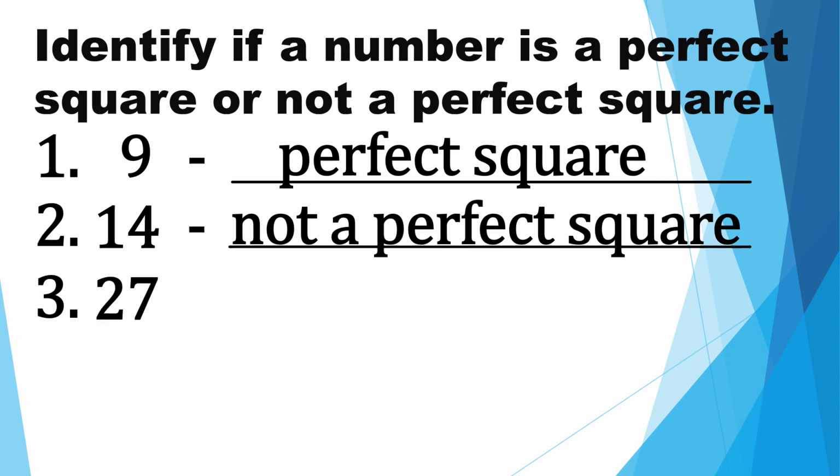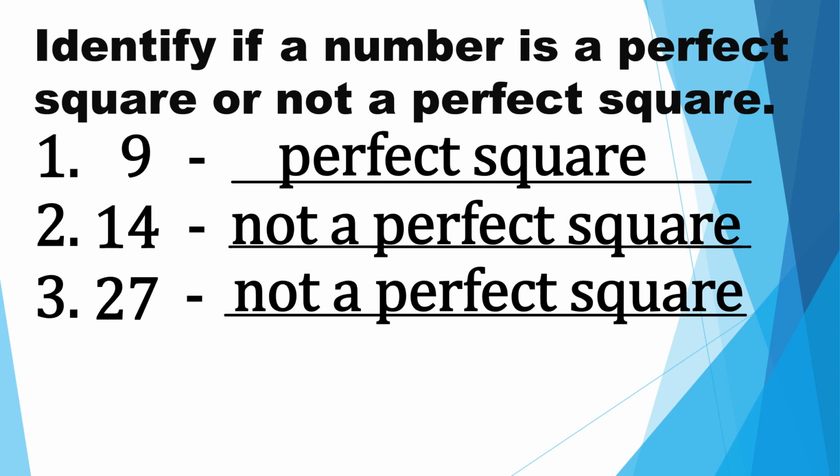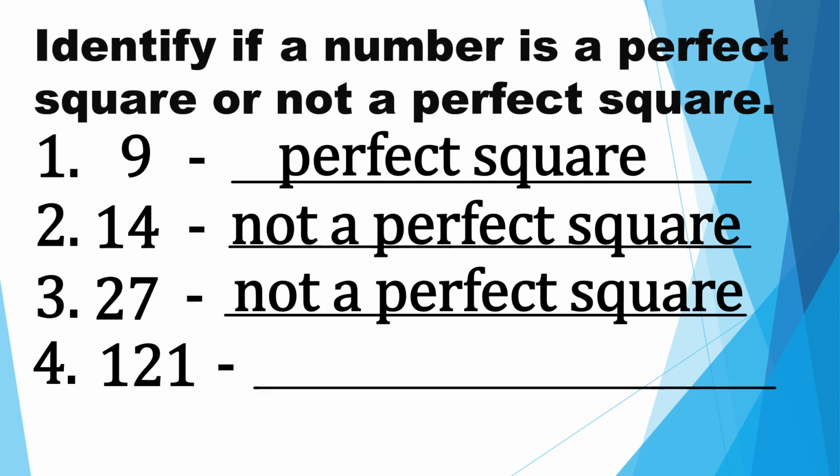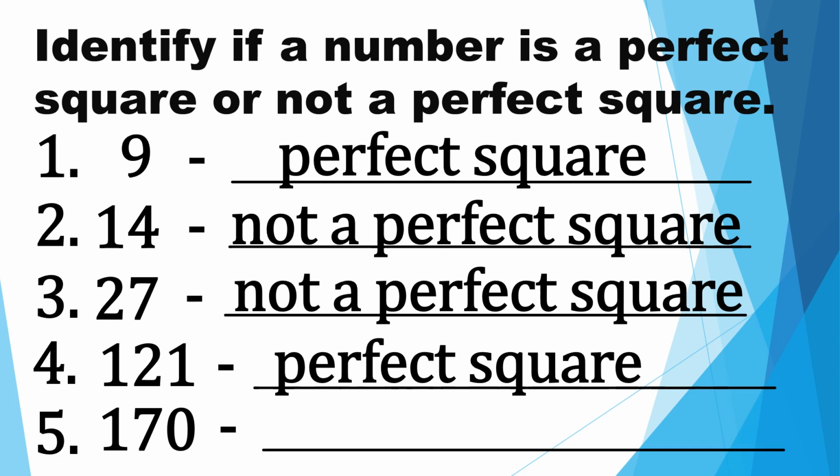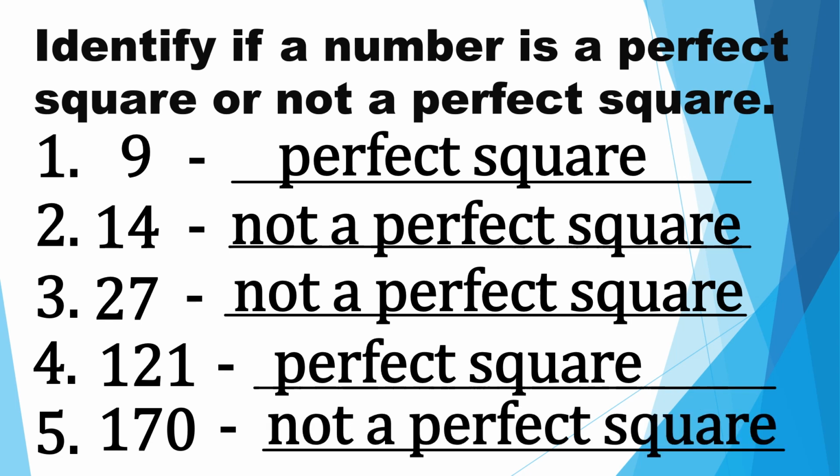Number 3, 27. 27 is not a perfect square. Number 4, 121. 121 is a perfect square. Number 5, 170. 170 is not a perfect square.